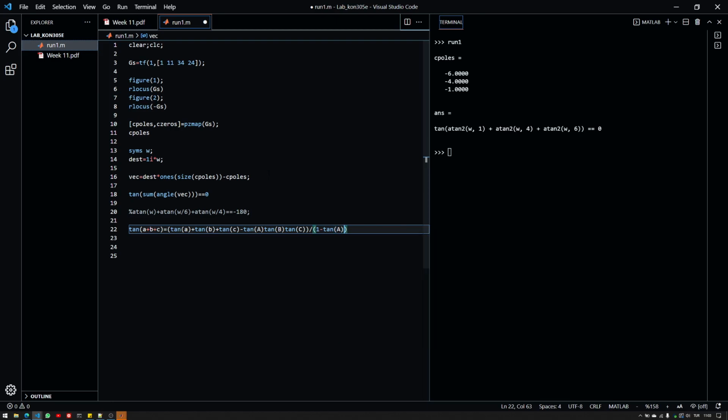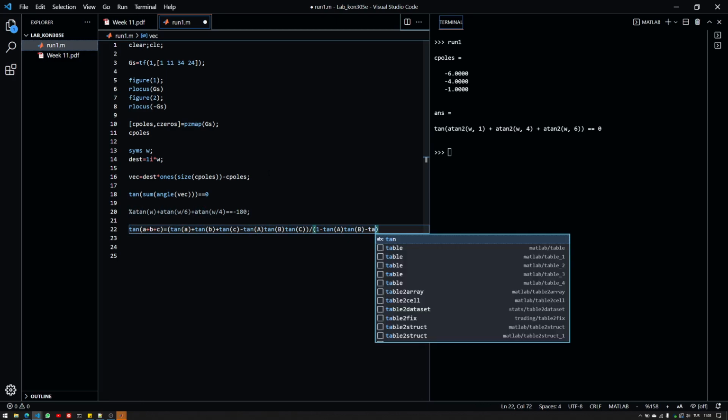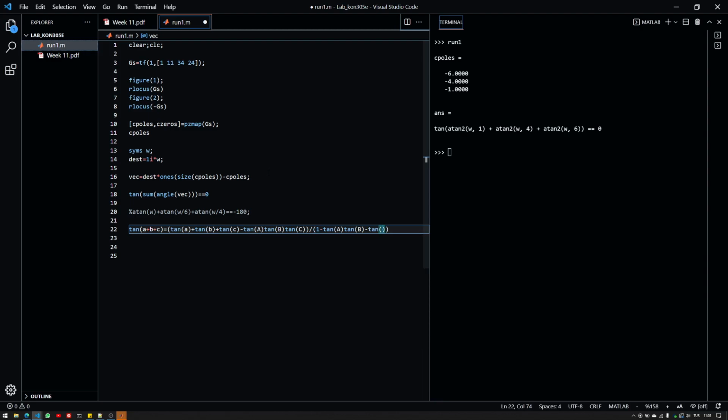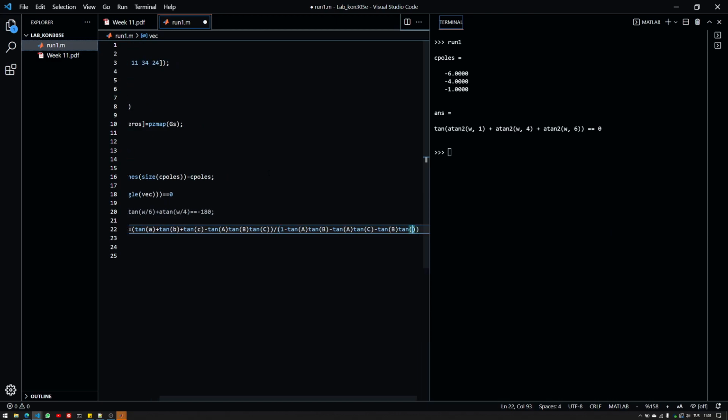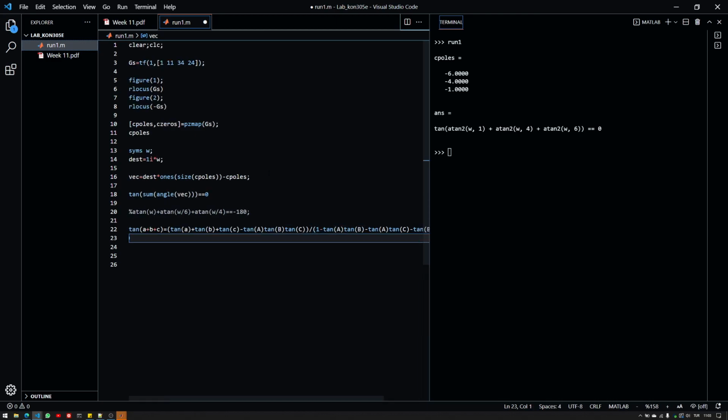It should take you maybe 5 or 10 minutes. So then the multiplication of 2 of the 3 unknowns. So tan A, tan C minus tan B. It's quite long, but you get the idea.